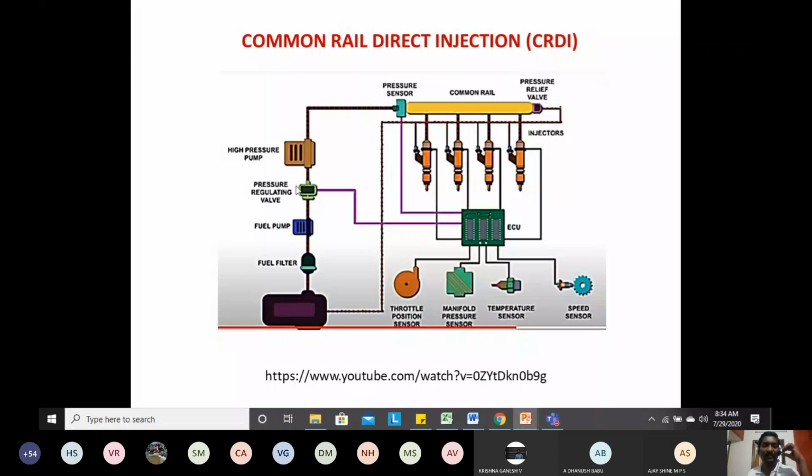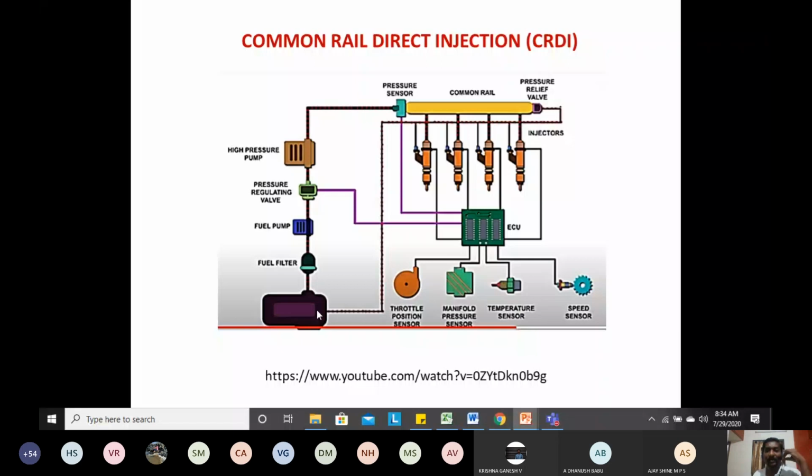So this is the low pressure pump, and this is the high pressure pump. This high pressure pump will supply high pressure fuel into a common rail, or common header. There is also a pressure relief valve. If the pressure is very high, it is going to release, and the fuel oil will come back to the fuel oil storage tank, the diesel tank.